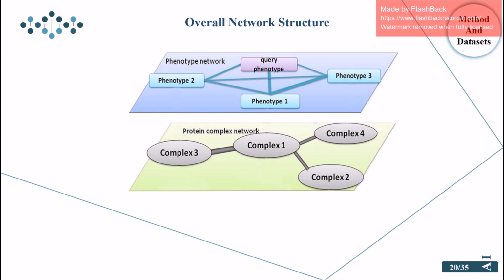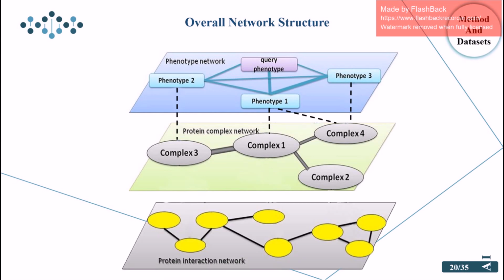These two networks are connected with the gene phenotype information that is available in the OMIM dataset. And in the last layer, we have the PPI network. We use proteins as nodes and their interactions as edges. And as mentioned before, protein complexes are made out of several proteins, and by using the CORUM dataset, we can extract their interactions. In the next part, we want to see how these networks are constructed.